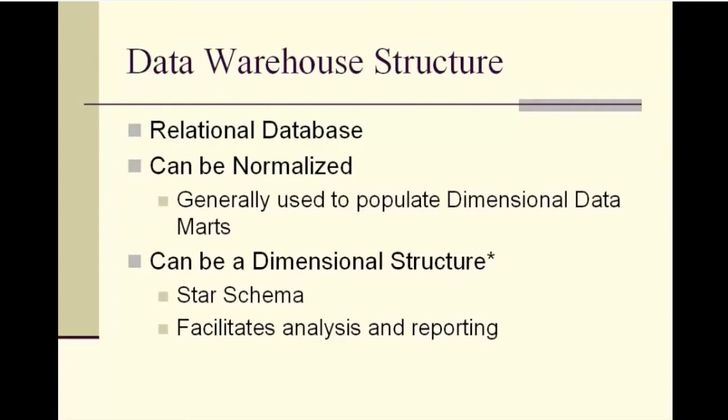And some data warehouses can be normalized structures, the structures that are used in operational systems. If this is the case, then generally the data warehouse is used to populate other data marts of a dimensional structure. So we are going to be discussing the dimensional structure here, what we sometimes refer to as the star schema.